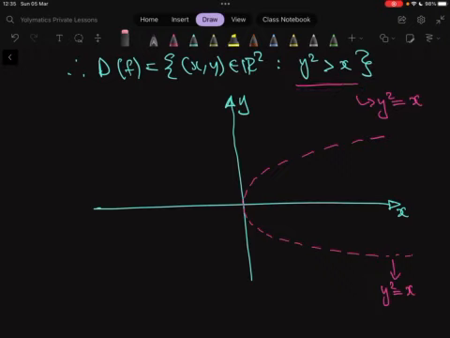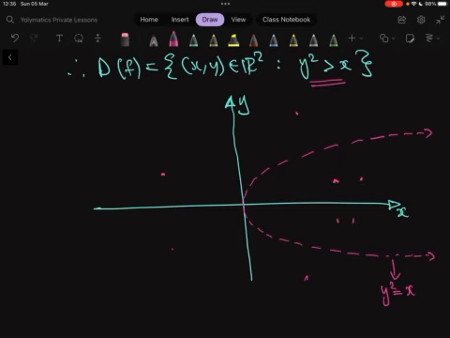Do they live on the interior of this boundary? Because this boundary, remember, goes all the way to infinity, like that. So the question is, do the points that satisfy this condition live on the outward side of this boundary, that is here, here, here, or do they live in the interior, that is here, here, here?